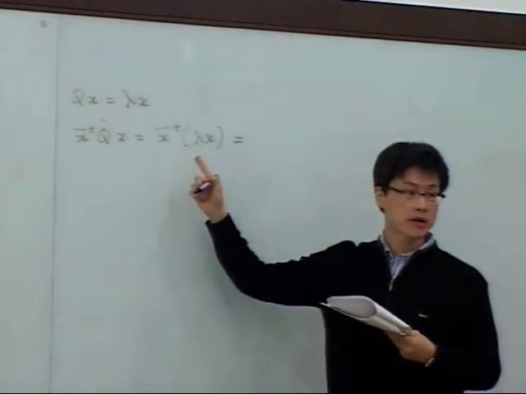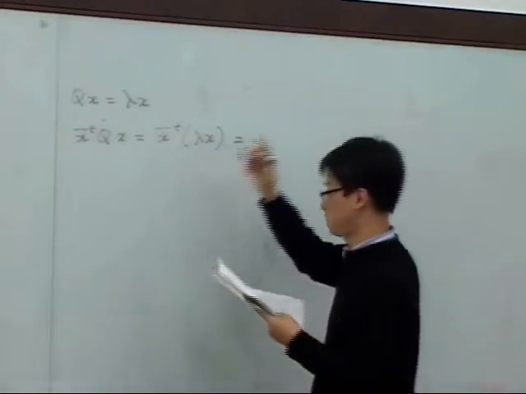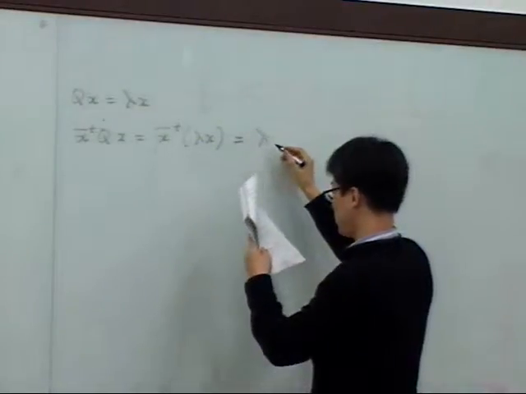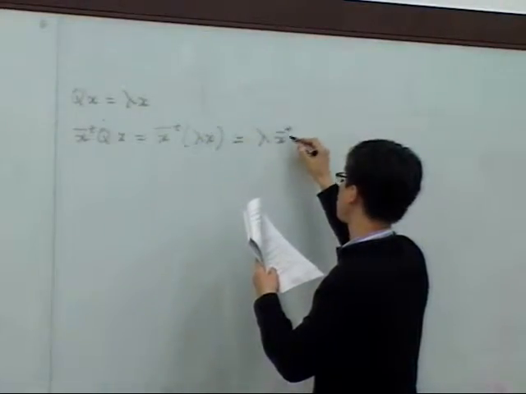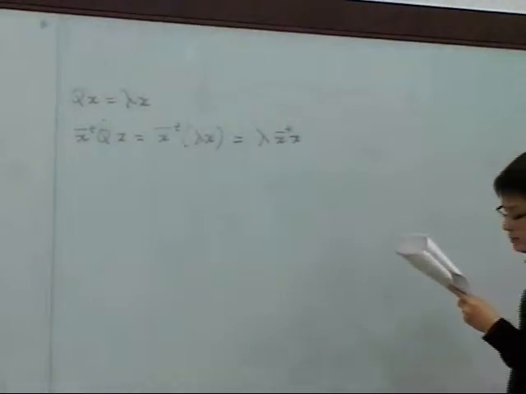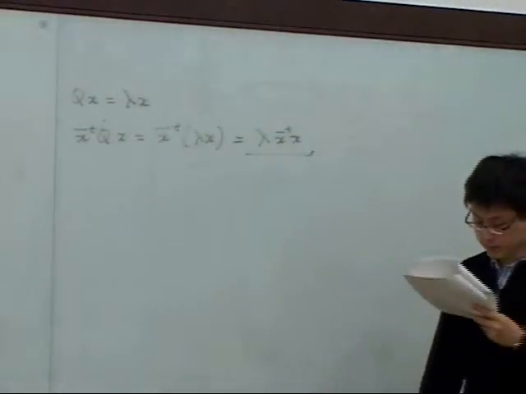And since lambda is a scalar value, we can write this lambda in front: lambda x conjugate transpose x. Okay?